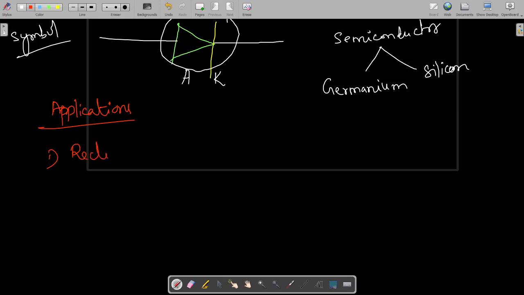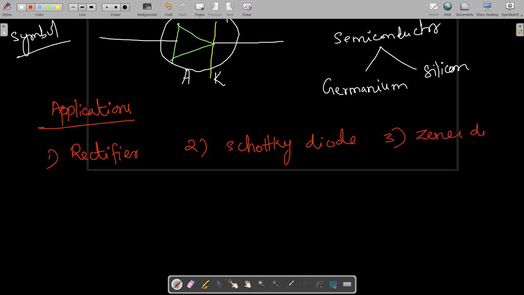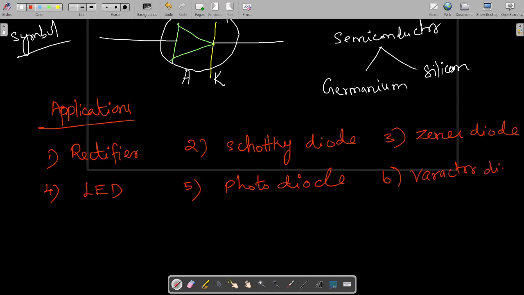We can have the rectifier diode, light emitting diode or Schottky diode, the Zener diode, light emitting diode LED, then the photodiode, and the varactor diode. So based on the applications, you have different diodes.